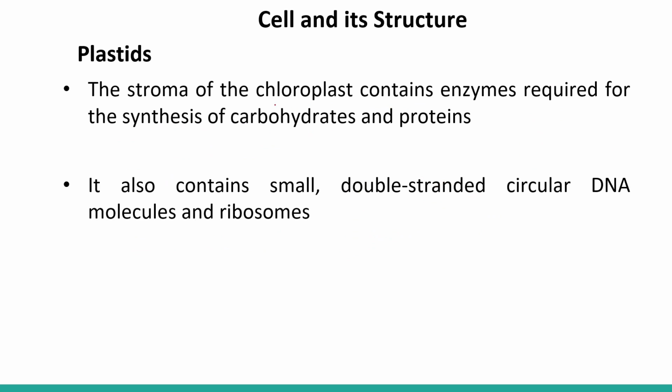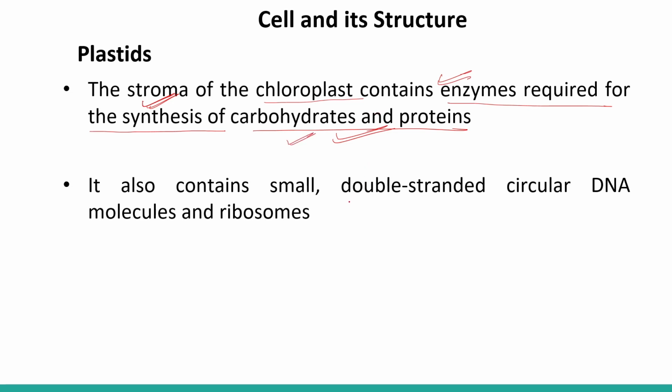The stroma of the chloroplast contains enzymes required for the synthesis of carbohydrates and proteins. So we have the stroma, the liquid part, the matrix part of the chloroplast. They contain lots of enzymes concerned with the synthesis of carbohydrates and proteins.